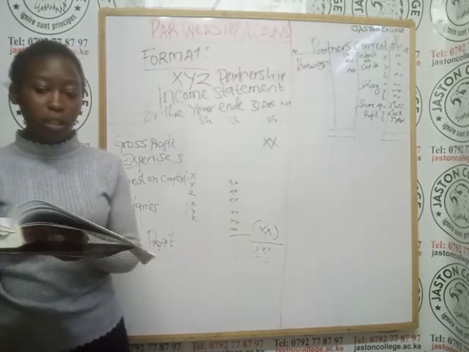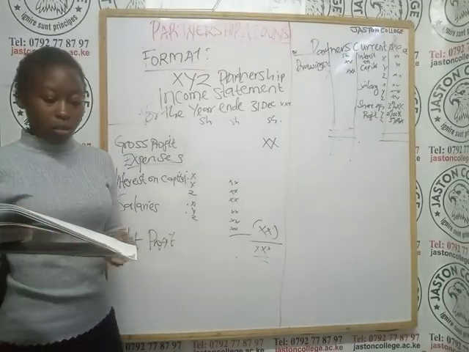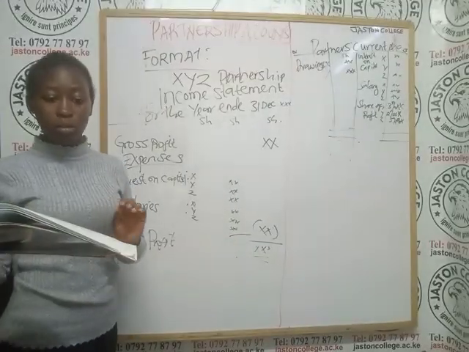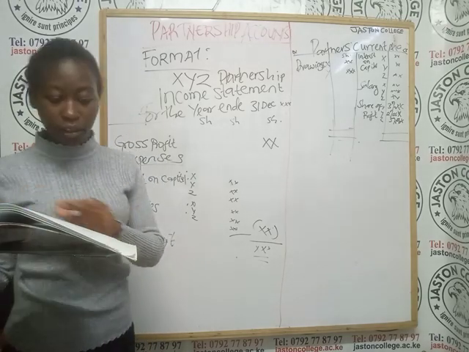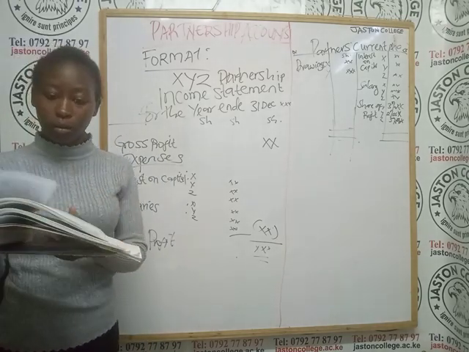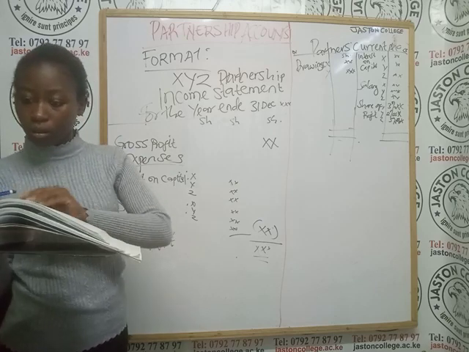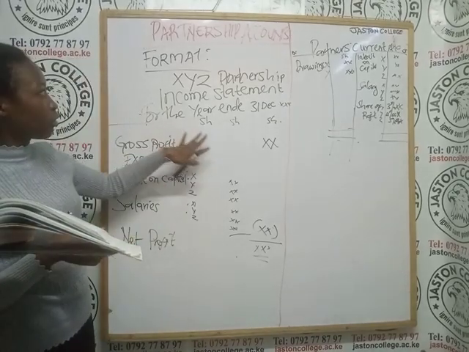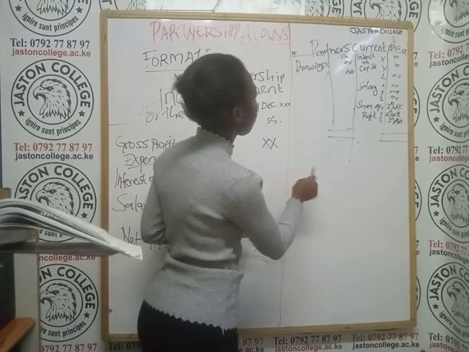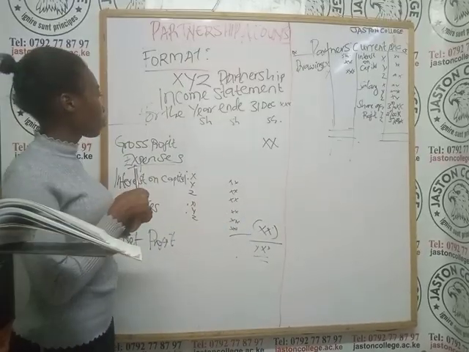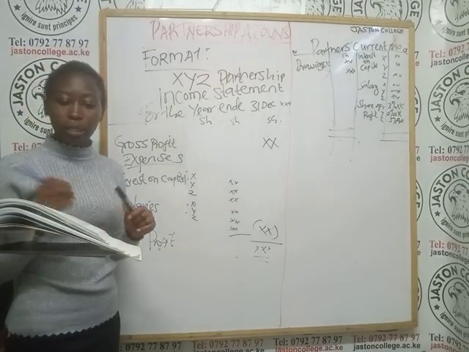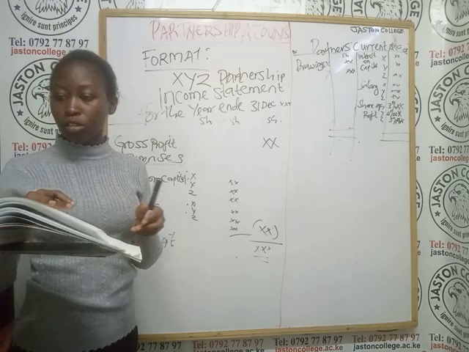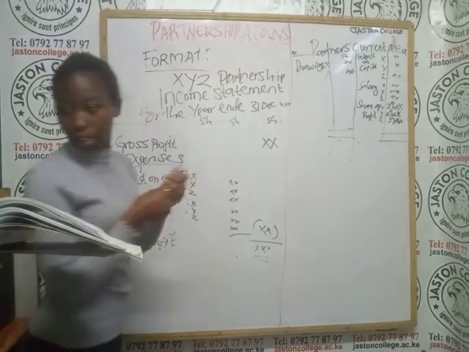Now, in our question here, we will do the calculations and we will follow this format over here. Now we are going to start with the gross profit, which we are given as 288,000.